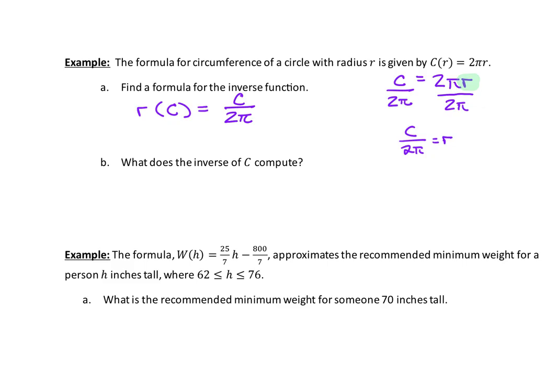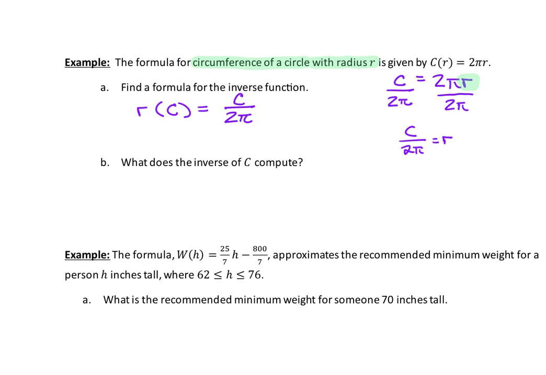All right, the second thing that we want to know is what does the inverse of c compute? So for instance, when we look at our original function, what we're told is this is the circumference of a circle with radius r. And so when we talk about the inverse function, we kind of need to reword this.